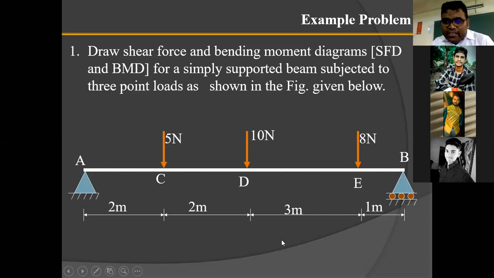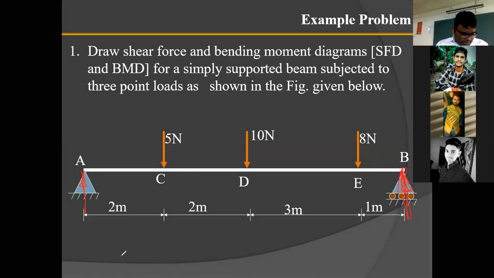So for that, a simply supported beam is there. So सबसे पहले dear students, we have to calculate the reaction force here. So in case of fixed beam, we need the reaction force here only, which is acting on the beam, and here the reaction force which is acting on the beam. ठीक है.